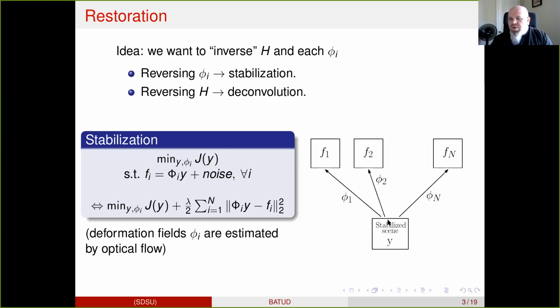Imagine we have a guess for y, then a very straightforward way of estimating the warping deformation field is basically using an optical flow algorithm. That's the easiest way to do it.